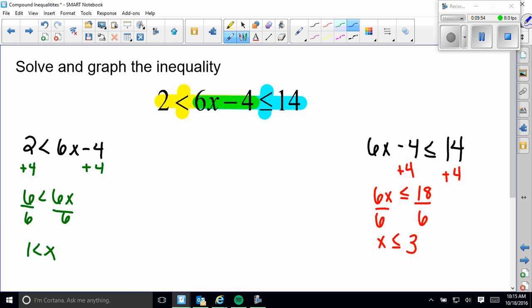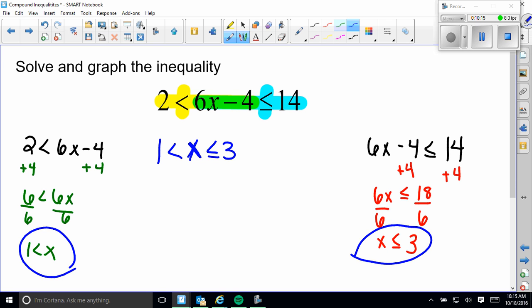We have 2 separate inequalities, but since our inequality signs are both facing the same direction, we can put them back together. So we can say that 1 is less than x, which is what we got from here, and then we still have that x is less than or equal to 3, which is what we got from that part of the inequality. Our inequalities were combined at the beginning. This is a compound inequality, and we are combining them back together.